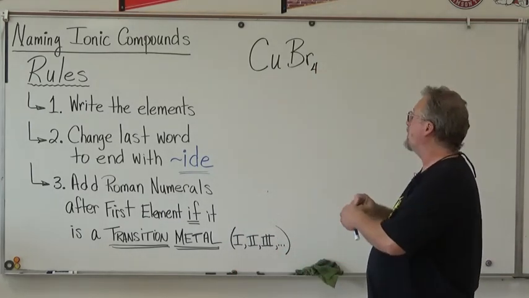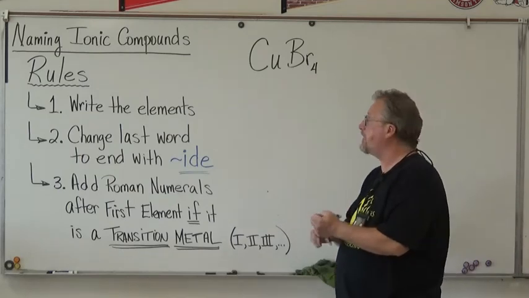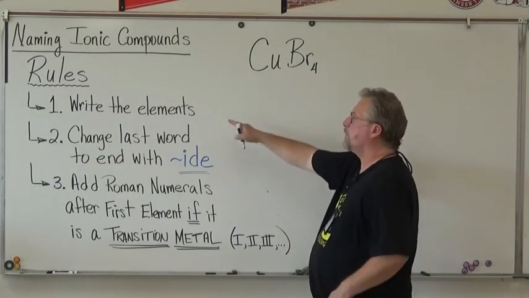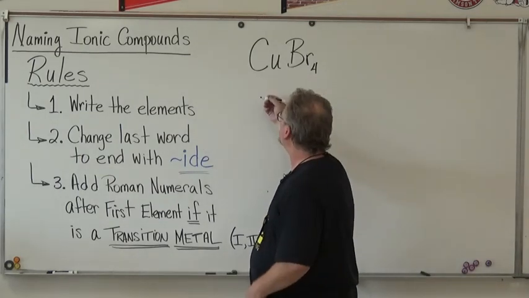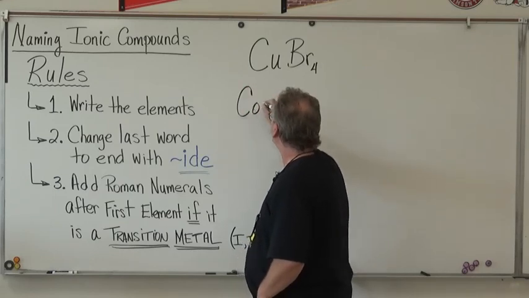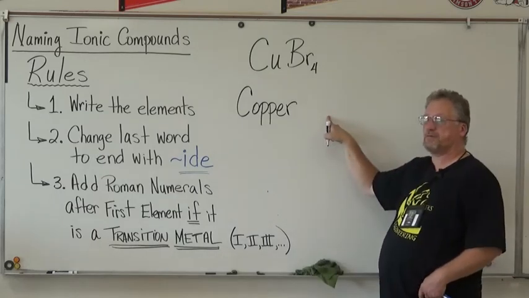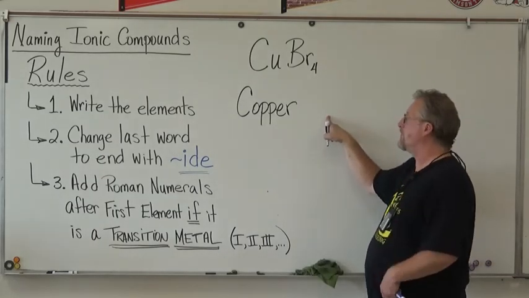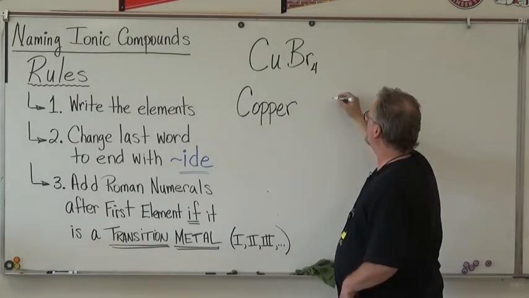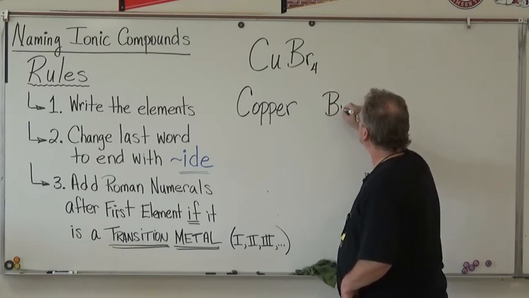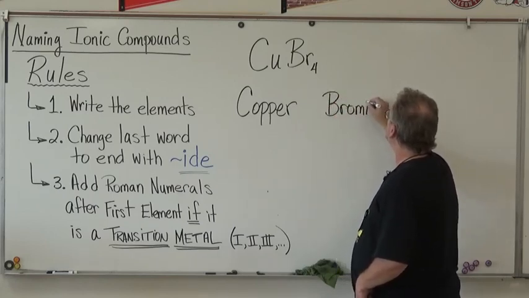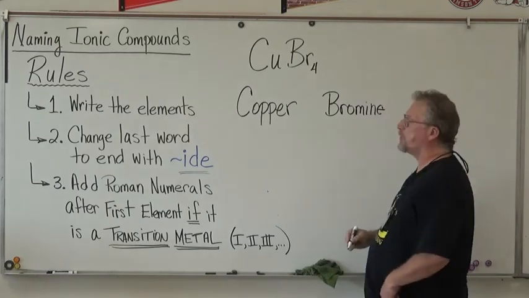Copper and bromine. Okay, let's try that one. So here we go. Step number 1, write down the elements. Cu is copper. C-O-P-P-E-R. Of course, we're going to leave some space in there, probably for a Roman numeral, right? And Br is bromine. Bromine. There we go, bromine.